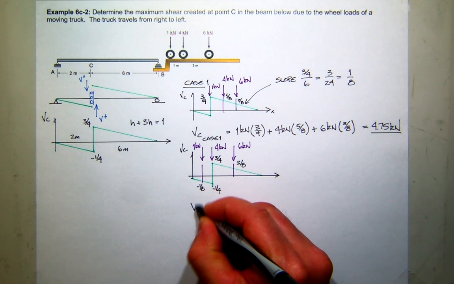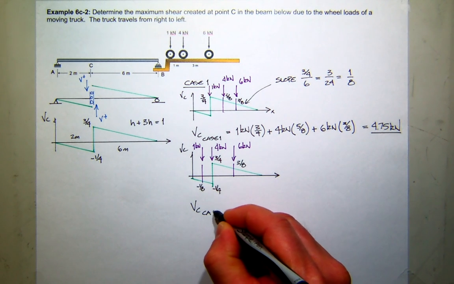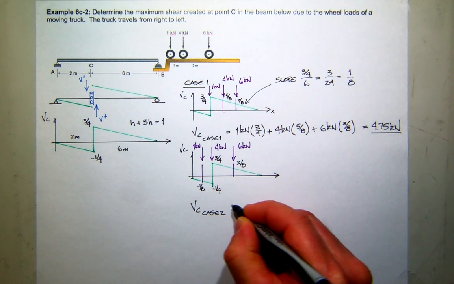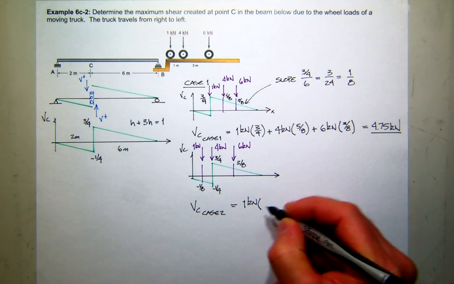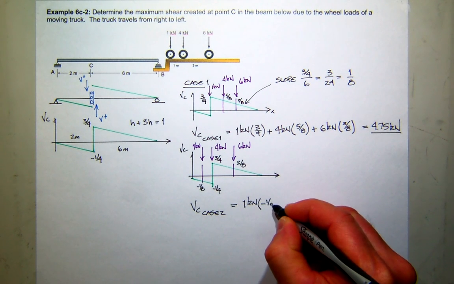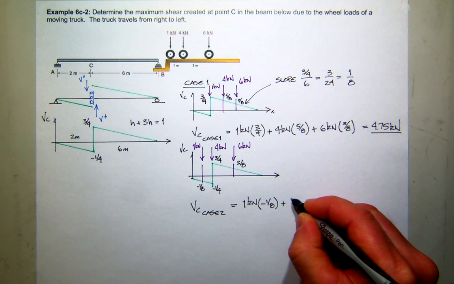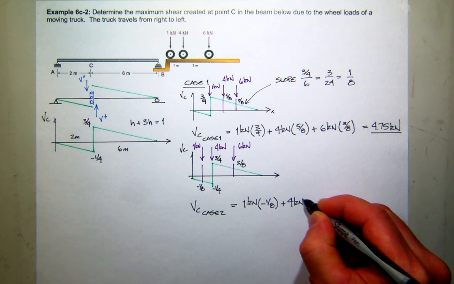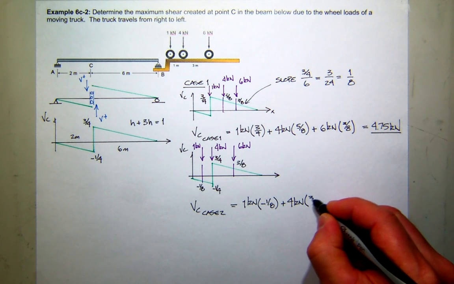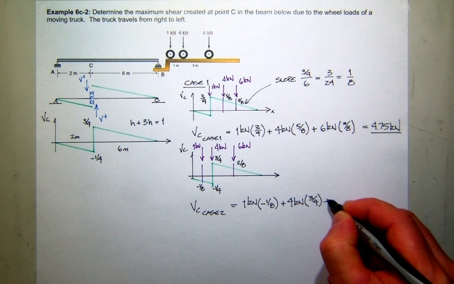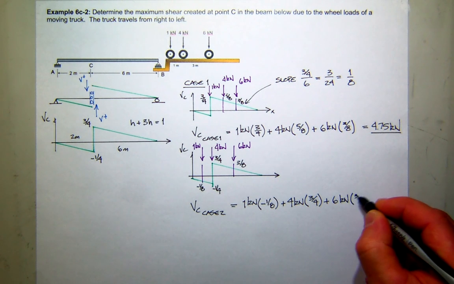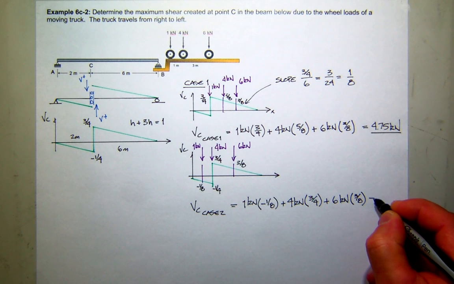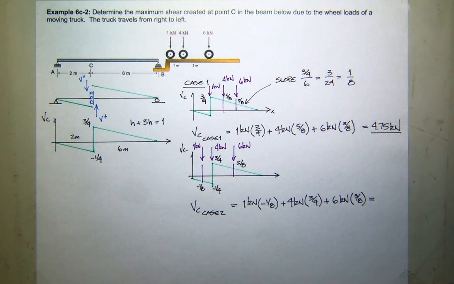Okay. So then the second case, just apply those values. So I've got 1 kilonewton times negative 1/8 plus 4 kilonewtons times positive 3/4 plus 6 kilonewtons times 3/8. What's that equal to?